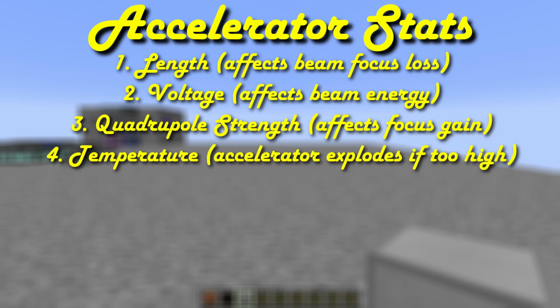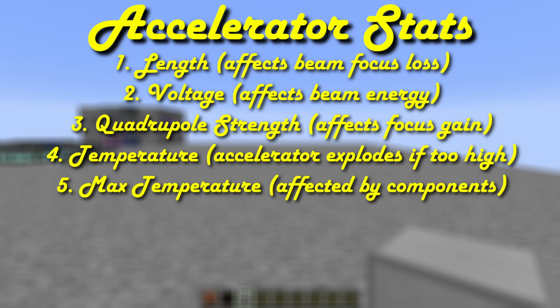Temperature. This is the accelerator's current temperature. It is affected by the heat balance of the accelerator and the choice of liquid coolant. 5. Max temperature. This is the accelerator's maximum safe temperature, and it is affected by the choice of internal structures. Don't let temperature exceed it, or the accelerator will blow up.